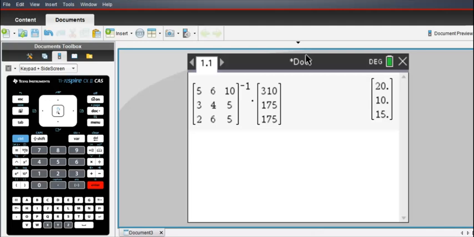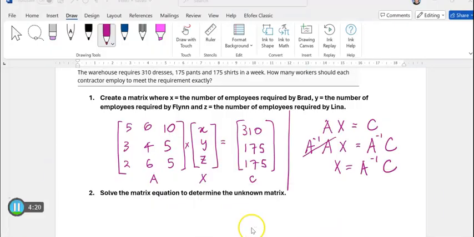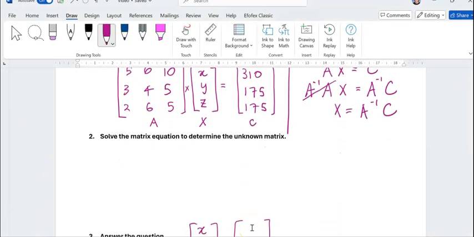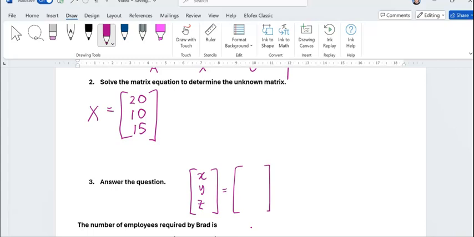So little x is equal to 20, little y is equal to 10, little z is equal to 15. So 20, 10 and 15 is what I get for matrix X. So then I can actually answer the question.